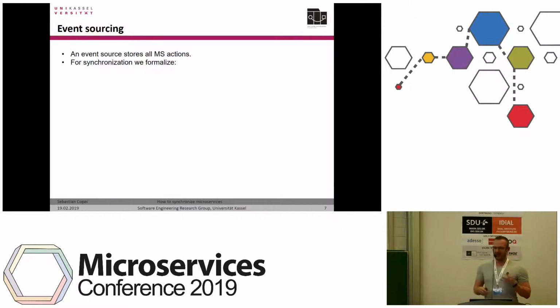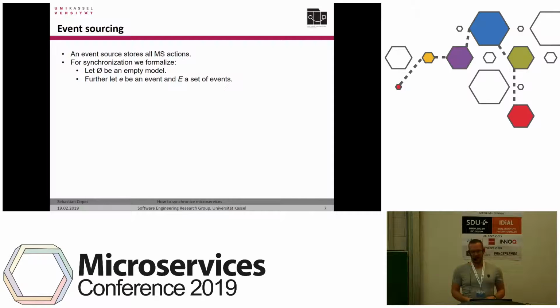I want to start very easy. I don't want to deep dive into the theory, which is very hard. On the upper ground, every microservice has models. At the startup of a microservice, we start with an empty model, and we have events and a set of events, and each microservice has its own set of events.